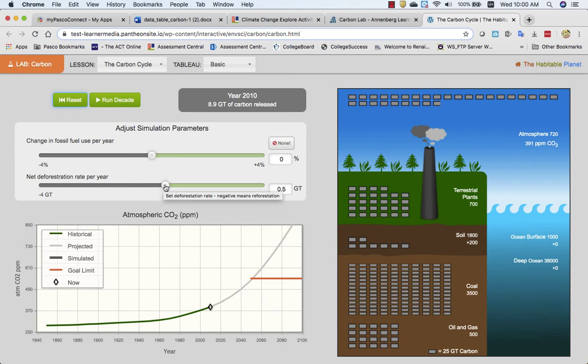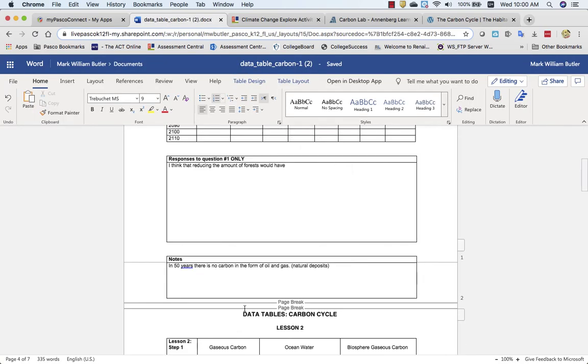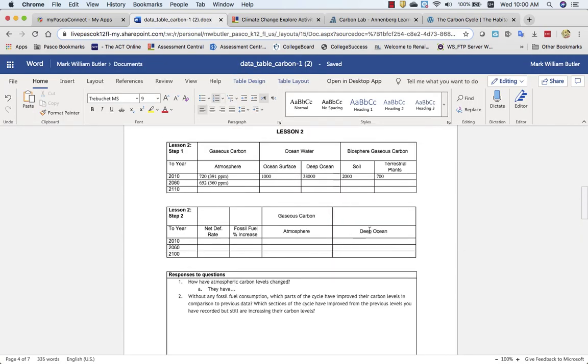So run the simulation for 50 years. 2010, 30, 40, 50, 60. There's 50 years. What happens to the concentrations of carbon in the soil and in the plants, based on this new value? And you're going to put that into your table in part 2 right here.